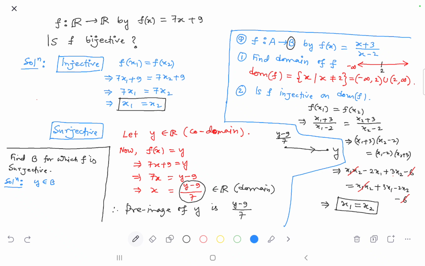This is very difficult, but if you write every mathematical step properly, it will become easy.